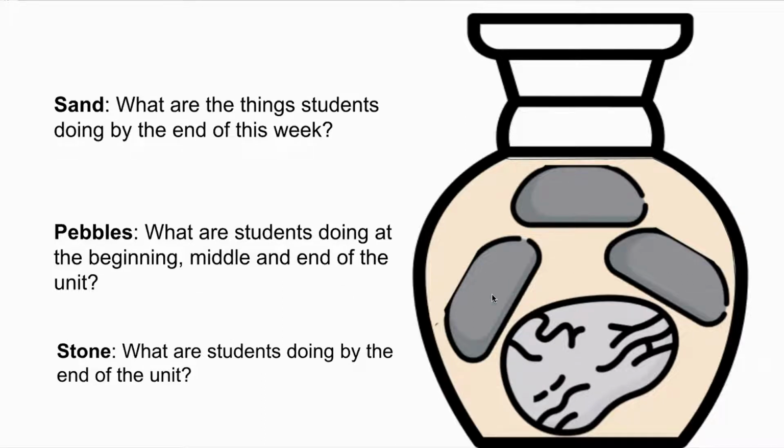The beginning might be lead, the next one might be development, and the last one might be convention. So now we know we have a structure. Then when I come and co-teach with my teachers, I know whether we're at the beginning, middle, or end, because we've already planned that out. And the last thing I ask is on a weekly basis, so I get to plan with them. After planning the assessment, I ask, what are the things students are doing by the end of this week?